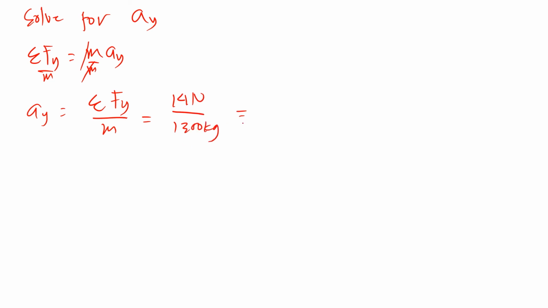And this is equals to 14 divided by 1,300 will give us 0.011 meters per second squared. So the answer for the y component acceleration is 0.011 meters per second squared.